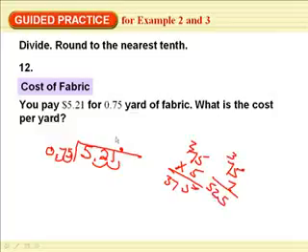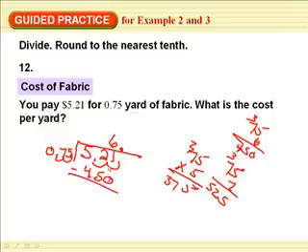Ooh, look at that. So it's going to be 6. 0, carry the 3, 42, 43, 44, 45, 450. That's going to be a 7.